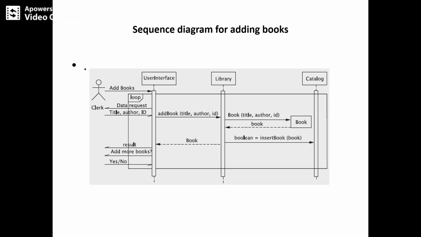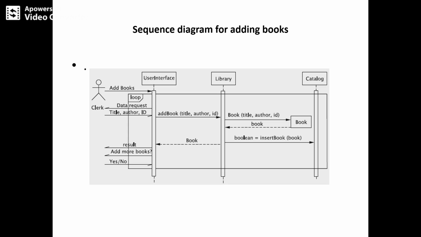It indicates that whenever the book object is created, the book object stores all the details, the add book details of title, author, and ID, and all these details will be stored in the catalog. It returns whether the book was added, and that result is given to the clerk: yes, the book is added.